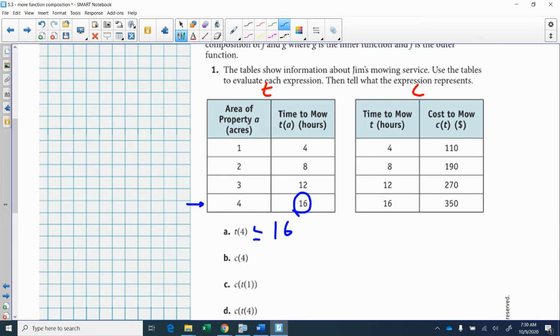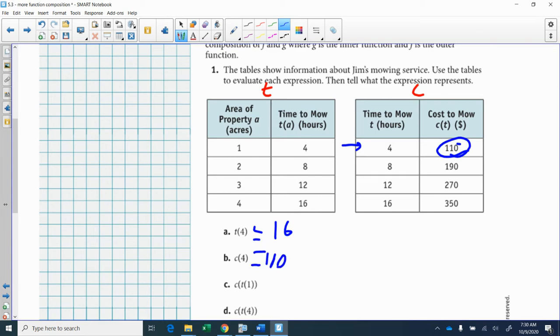So T of 4 has to be 16. Going through the same process, C of 4: now I go to my C chart, oops, went to 16, not to 4. Go to my C chart, which is 4, and then see my answer is 110.